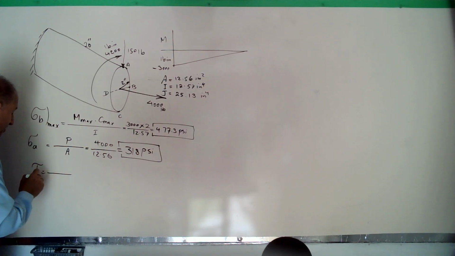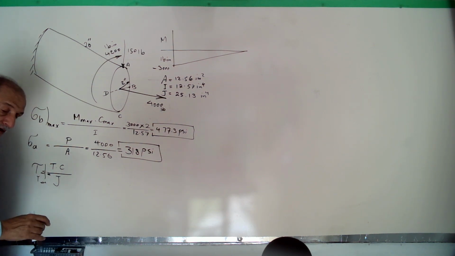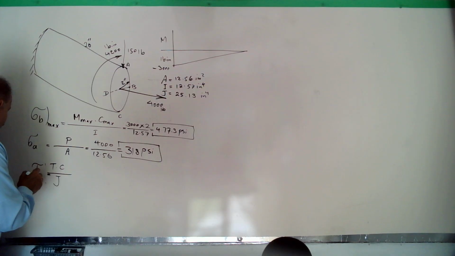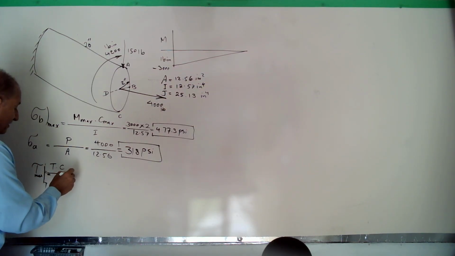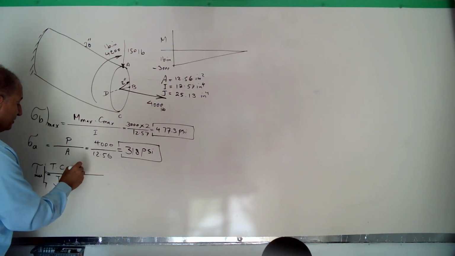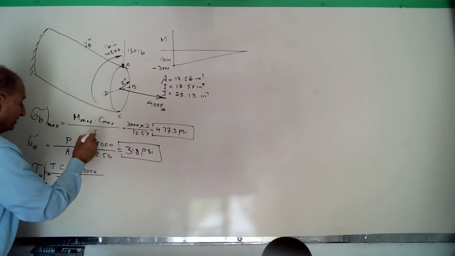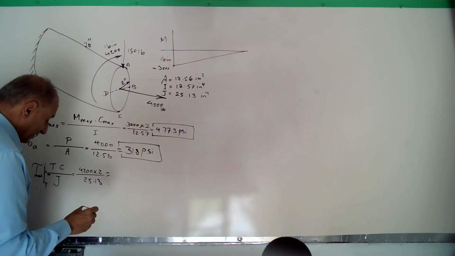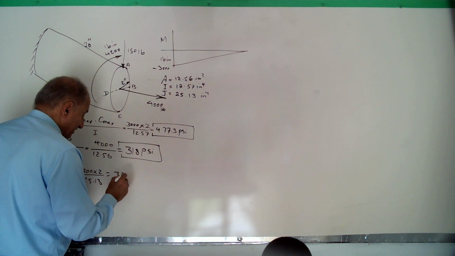Tau is equal to torque times c over J. Tau max happens at the outer surface of the shaft. Torque is 4200, c is the radius 2, and J is 25.13, and the value is equal to 334 psi.